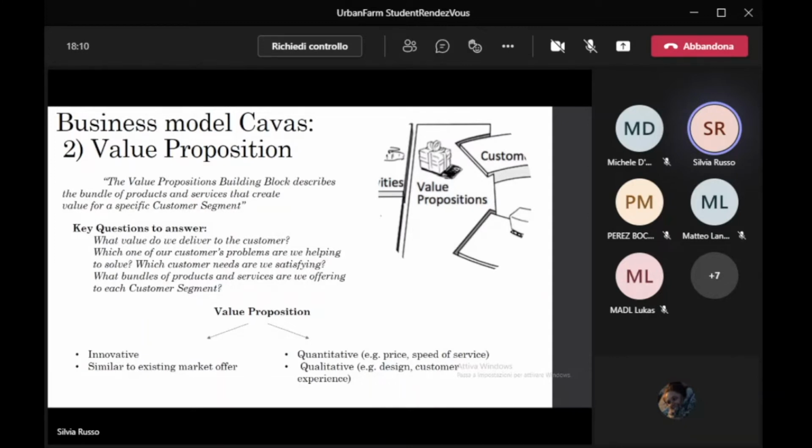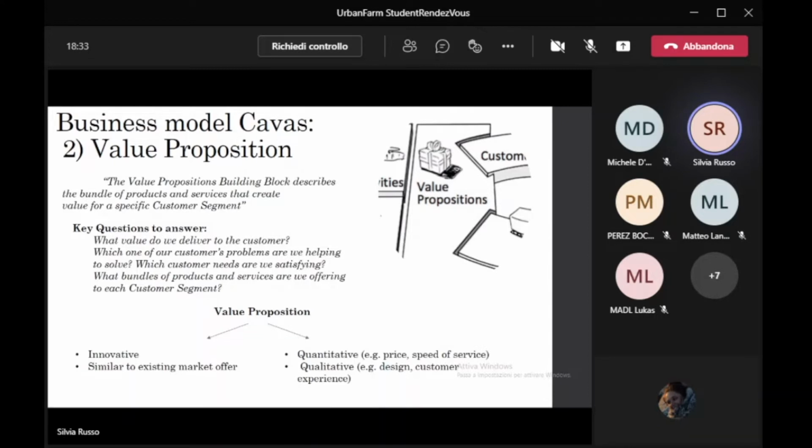Or we can produce a similar product to existing market offer, and we can add or attribute a specific value, which would lead the consumer to choose our product or our services.